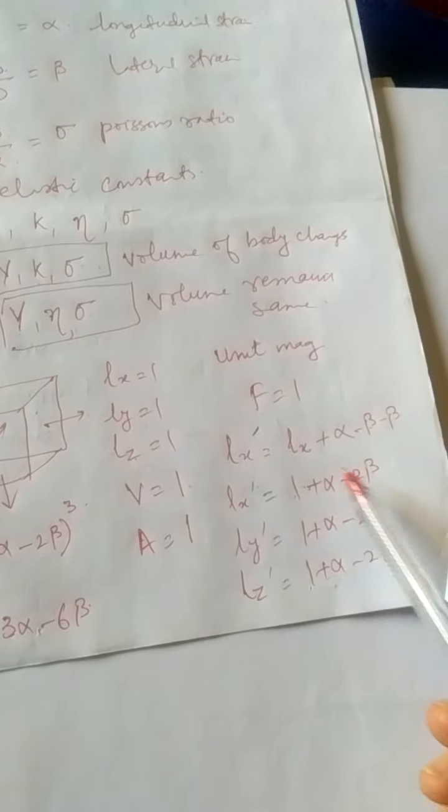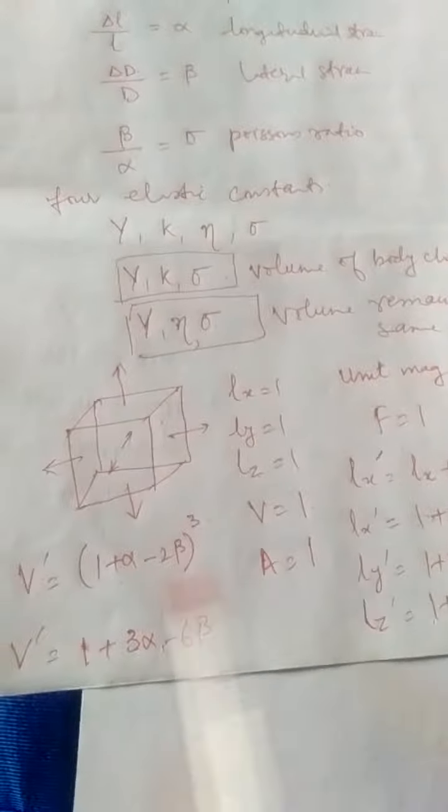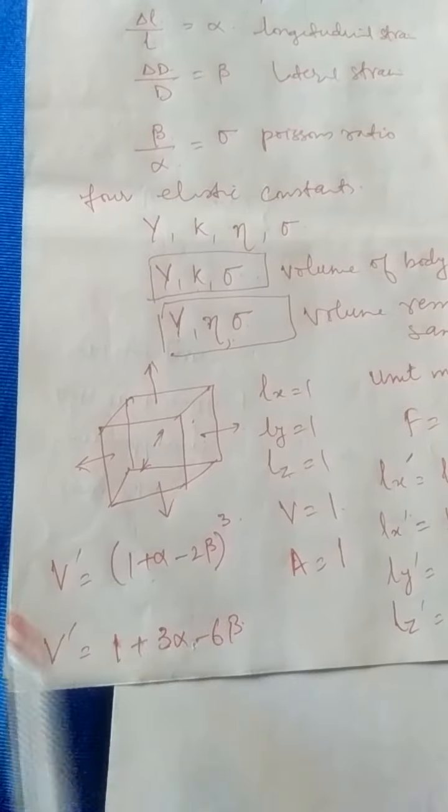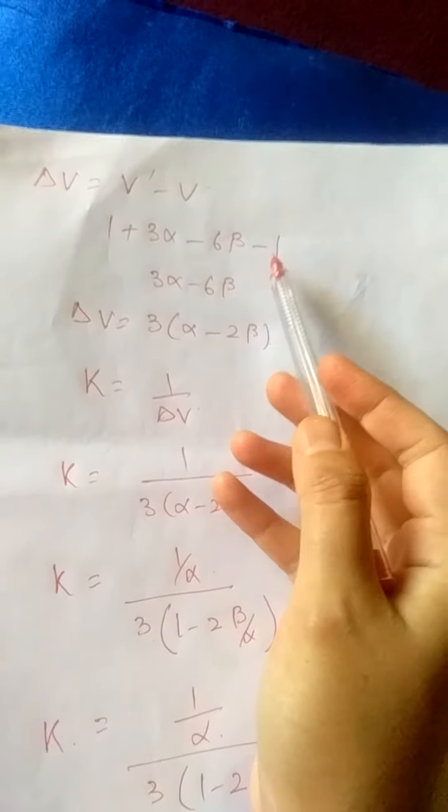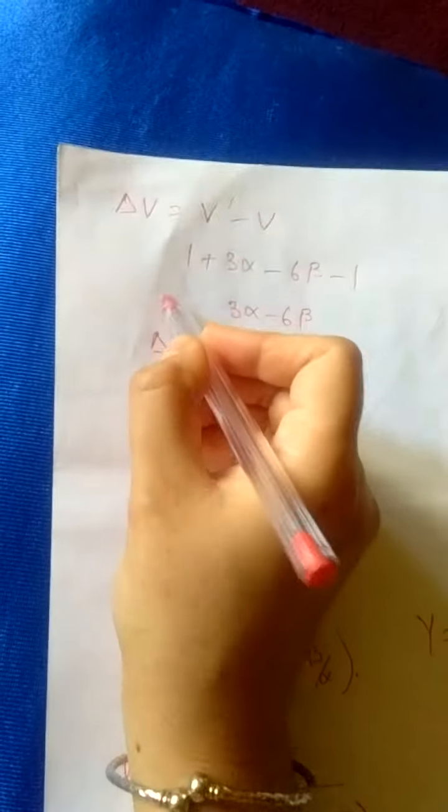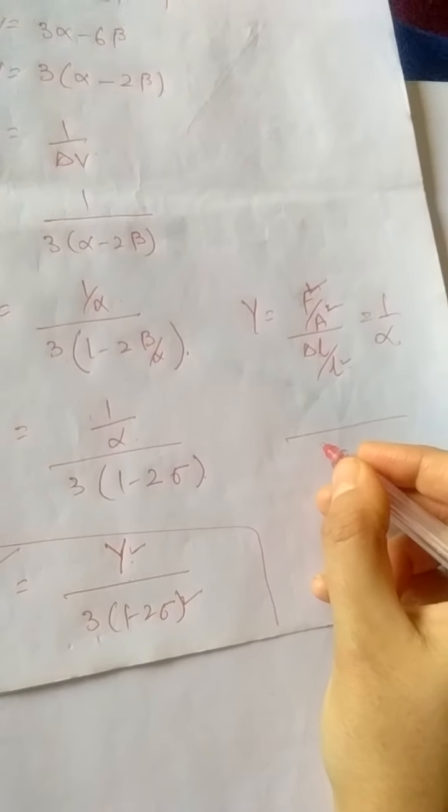So it was 1 plus alpha minus 2 beta in all three cases. Then we multiplied the three to obtain the new volume. From this new volume we subtracted the original volume to get the change in volume, and then we proceeded in this manner to establish this relation. I believe that this is the simplest technique, simpler than what you find in the books. So that's all.